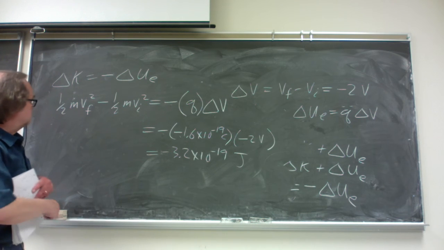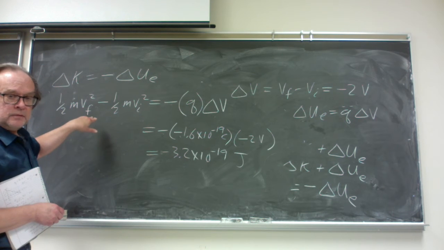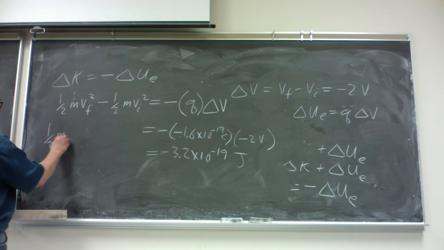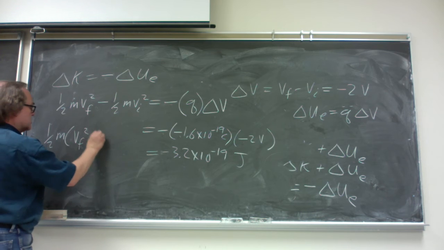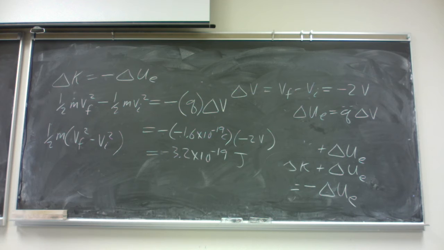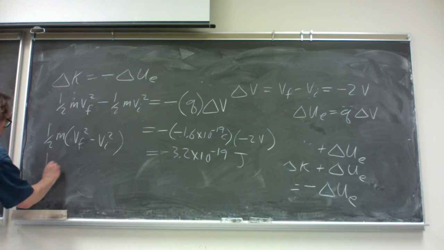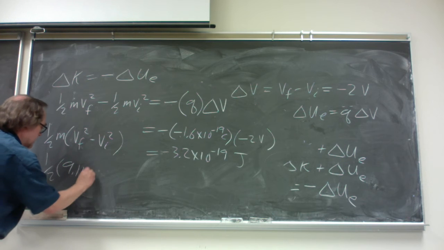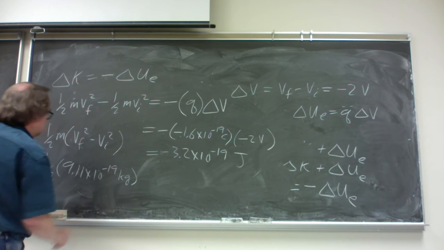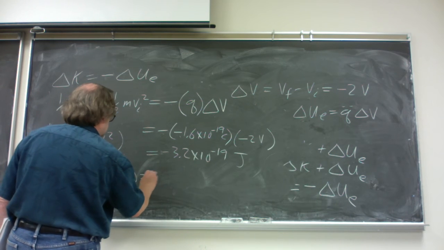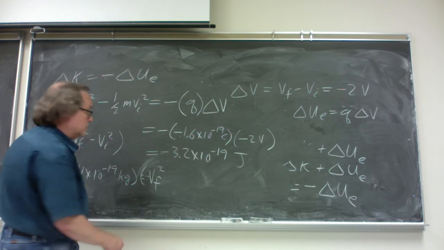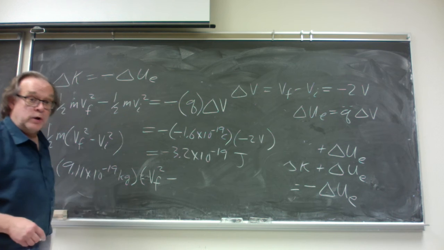Okay, and then that's equal to all this. Let's factor out the 1/2 m: 1/2 m, V final squared minus V initial squared equals that. And put in the numbers, 1/2 times 9.11 times 10 to the minus 31 kilograms times V final squared, which is what we're trying to figure out, minus V initial squared.